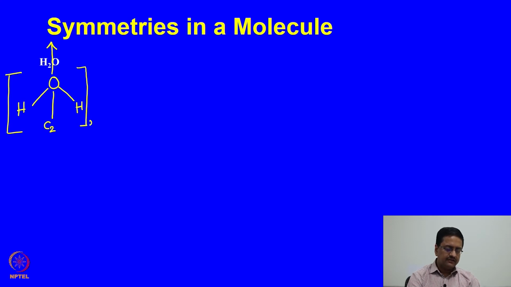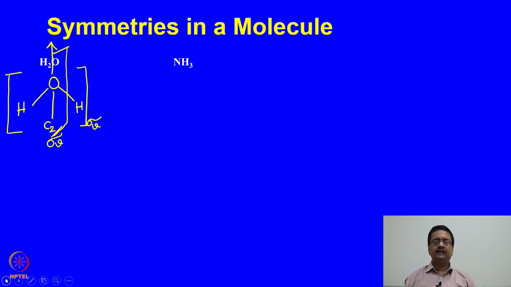So, this mirror plane is nothing but a sigma v, and there is another mirror plane which is perpendicular to the plane of the board, but still contains the two-fold axis or C2 axis, which I am drawing like that, is another sigma v. So, this molecule has one C2 and two sigma v planes present in it.